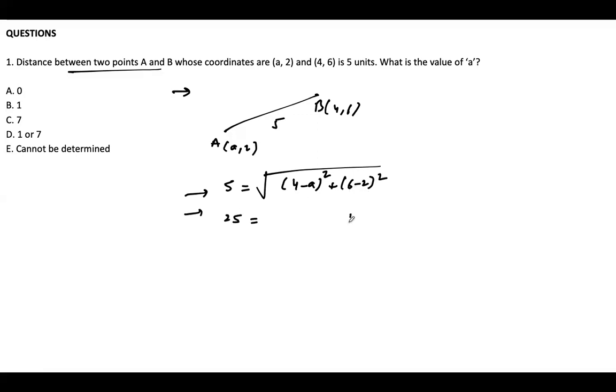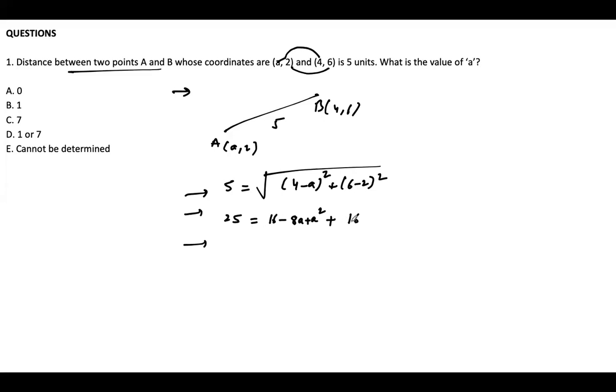This is 4 square, which is 16. What is a minus b the whole square? A square minus 2ab plus b square. So this is 16. Have I done anything wrong? 4 minus a square, 6 minus 2. Okay, this is 25.